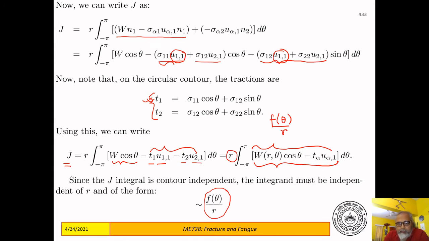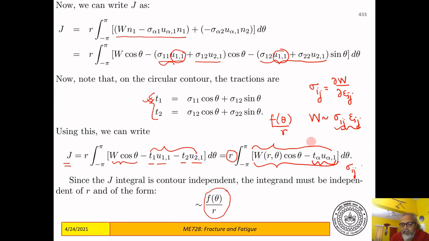So let us look at it a little bit more closely. Remember that sigma ij can be given in terms of W by this expression that we have seen before. So W has units of sigma ij epsilon ij. This quantity T has units of sigma ij, and these are displacement gradients, so these have the same kind of variation as the strains.